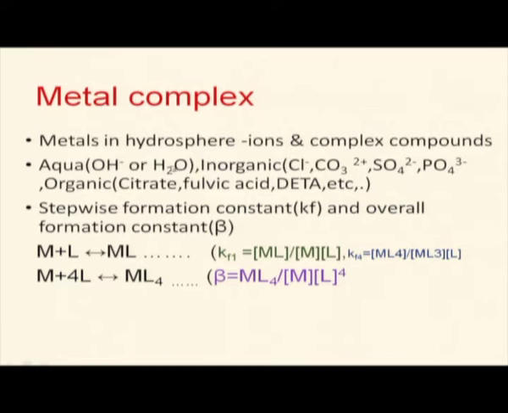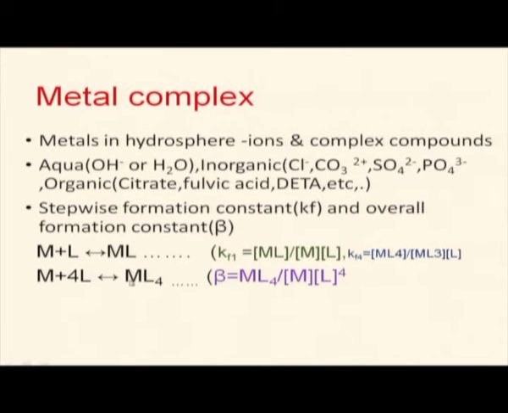Hydration is also important. Inorganic ligands like chloride, carbonate, sulfate, and phosphate are also possible, and so are organic compounds like citrate, fulvic acid, and EDTA, ethylenediaminetetraacetic acid. These compounds are also favored with metal ions, depending on the type of metal ion.